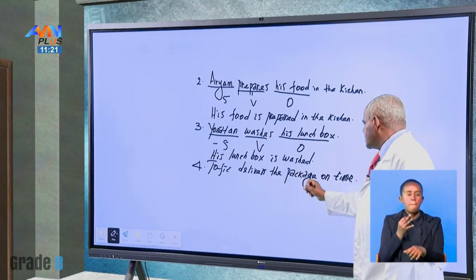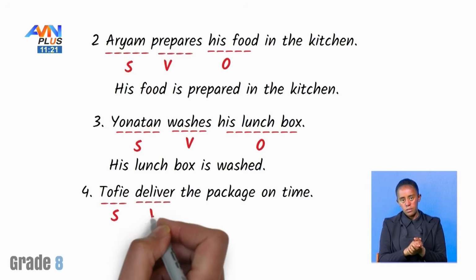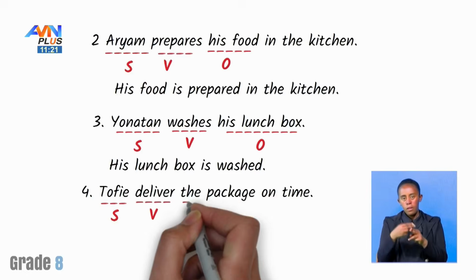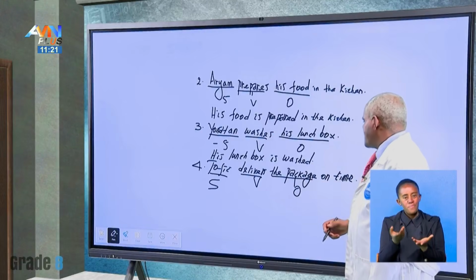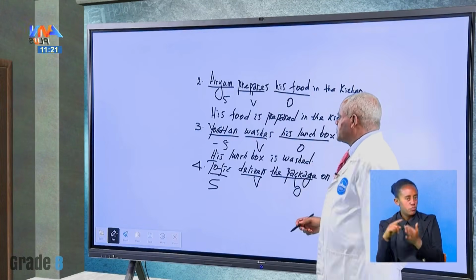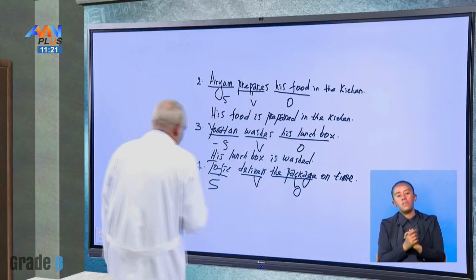The package is an object. Here is a verb, and there is a subject. So you can start from the package and change into what? Passive voice. So this can be written in such a way.